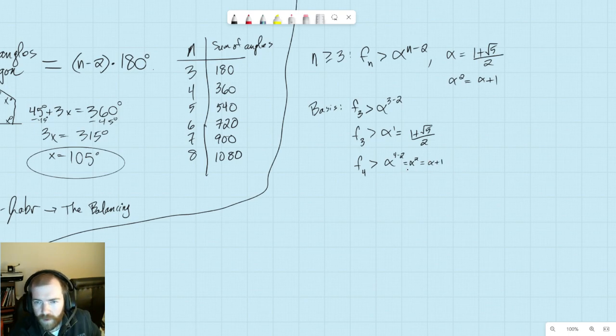So we get 1 plus root 5 all over 2 parentheses squared, which should be the same as 1 plus root 5 over 2 plus 1.